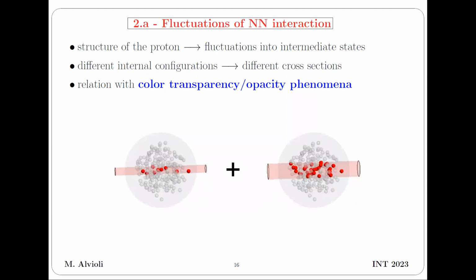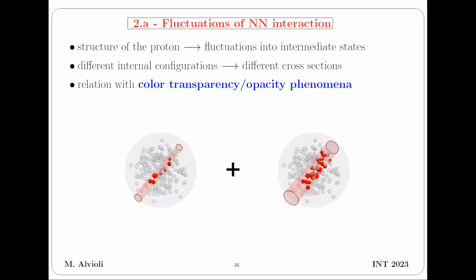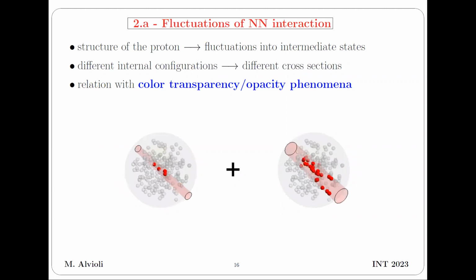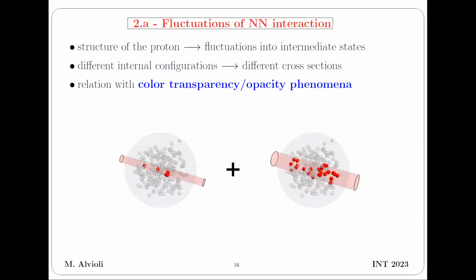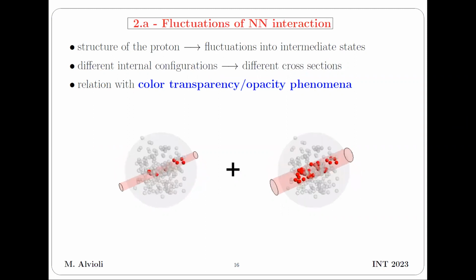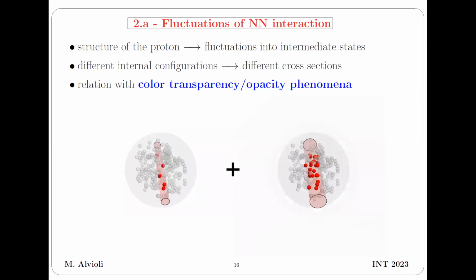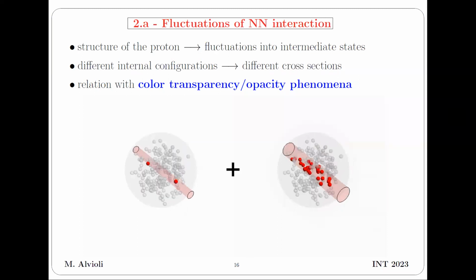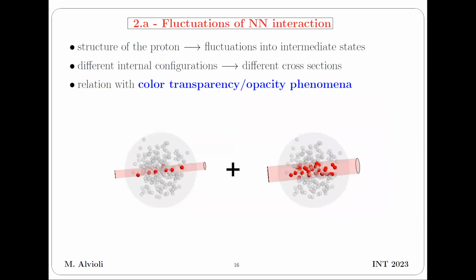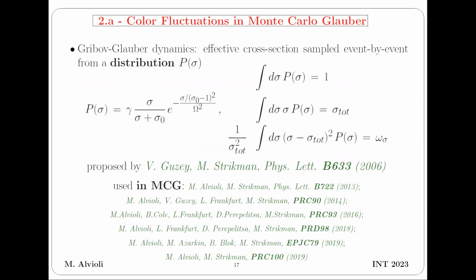In the color fluctuation picture, each event can contribute in a different way, because the proton can access a different state and have a different interaction strength, so you have a whole range of different interaction strengths, and you average over them. There's of course a relation of this phenomenon with color transparency and color opacity phenomena.